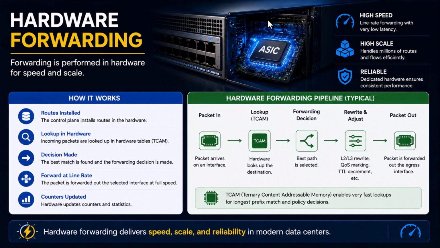All of this can happen extremely quickly. This is why Nexus switches can forward traffic at line rate. The CPU is still very important for protocols, management, and control plane operations, but normal packet forwarding happens in specialized hardware. That separation gives us both intelligence and performance.